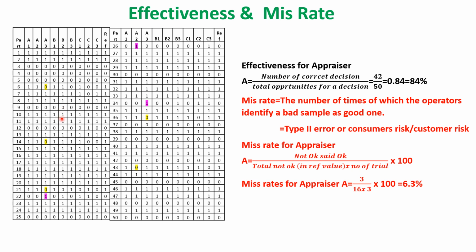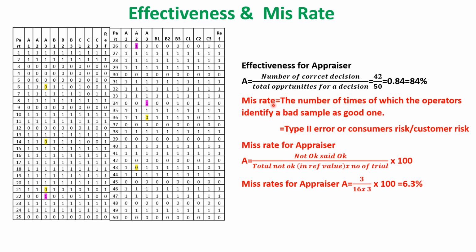That is 8. So 8 counts are there where the operator has taken the incorrect decision. That means out of 50, 42 times he has taken the correct decision. So 42 divided by 50 is 0.84, equal to 84%.